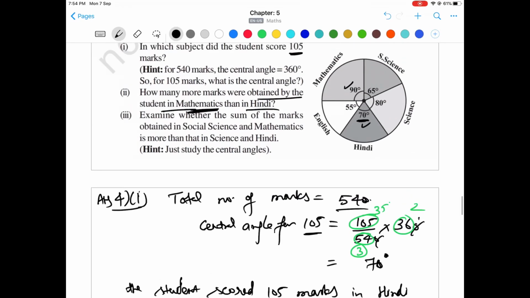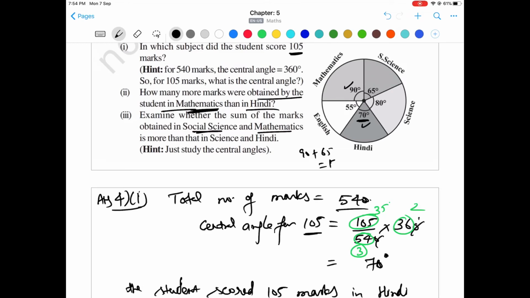Okay, now the fourth part, examine whether the sum of the marks obtained in social science and the mathematics is more than in science and Hindi. You can simply observe this. First, add the central angle of maths and social science. Central angle for maths is 90, and central angle for social science is this 65.